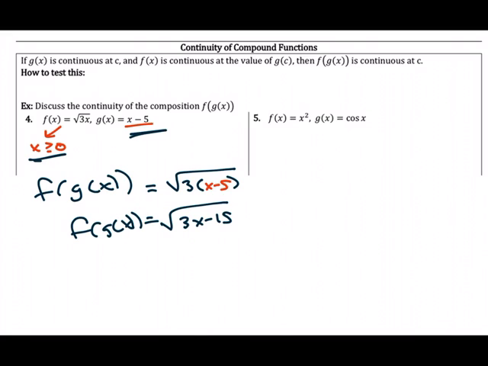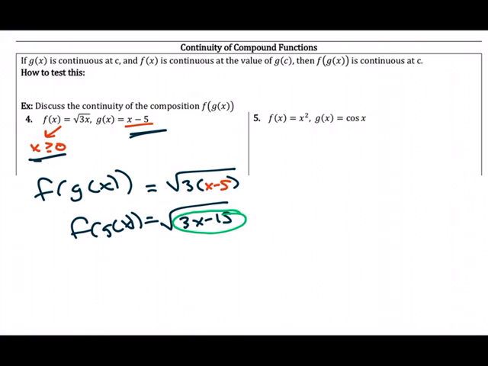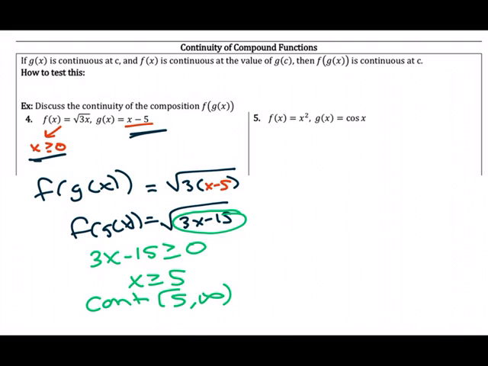But really what we just need to think about is we still need the inside of this function to meet our domain requirements. So what am I allowed to plug in here? I just need to make sure that 3x minus 15 is greater than or equal to 0, which means that x is going to need to be greater than or equal to 5. So we could say that this is continuous on the interval from 5 to infinity.